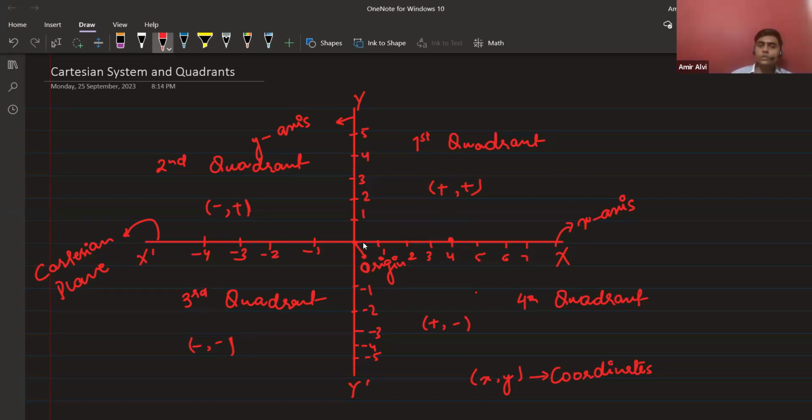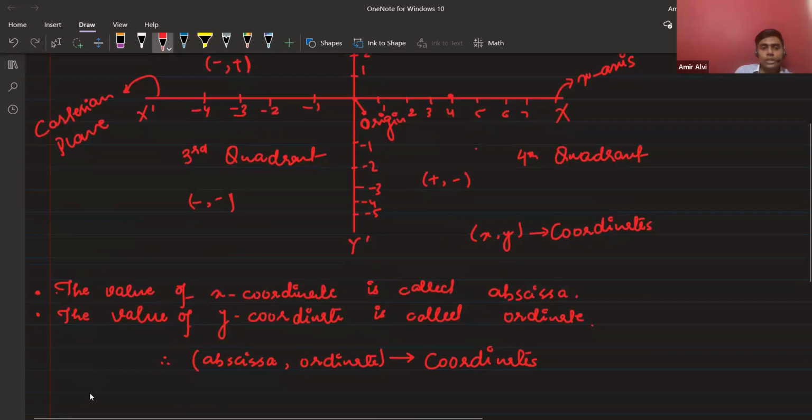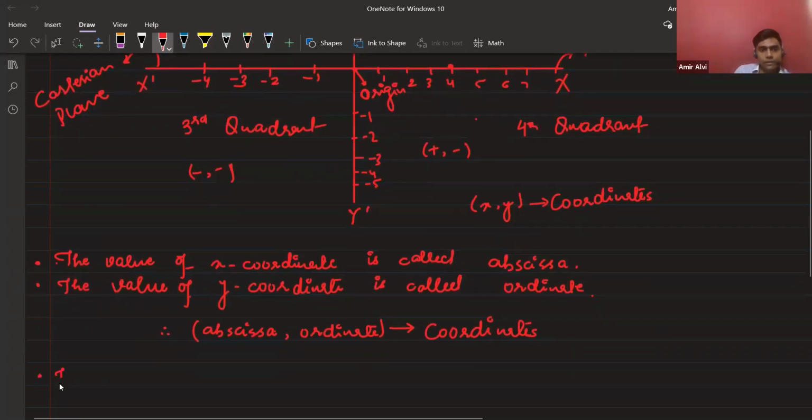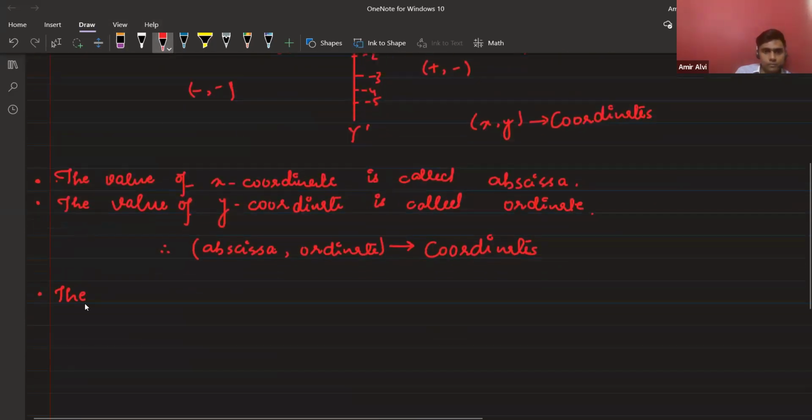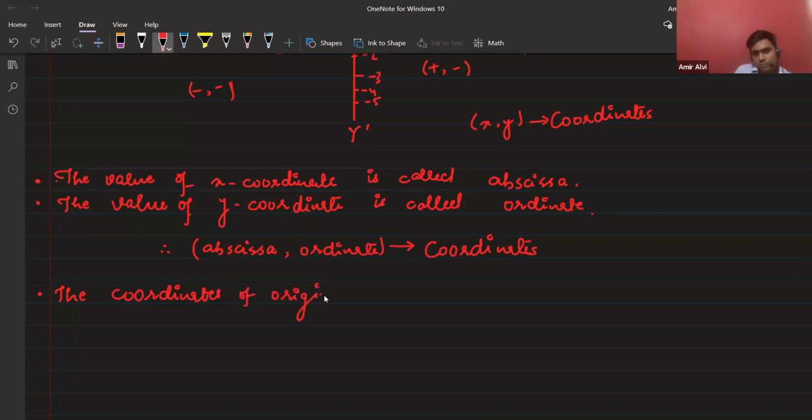One more thing is that the value of origin is 0, 0. Whenever it says the value of origin, or you can say the coordinates of origin, it is 0, 0.